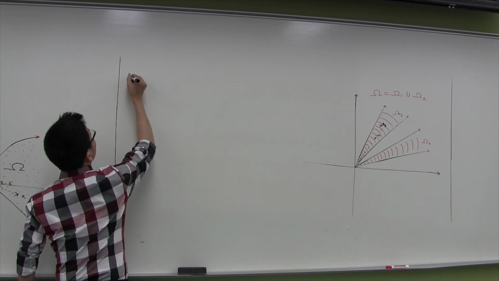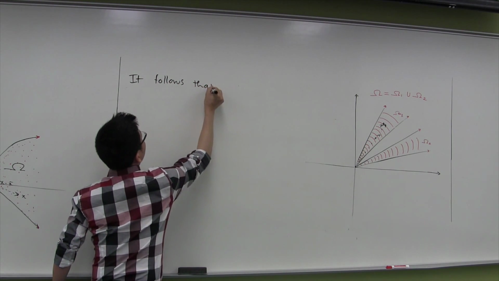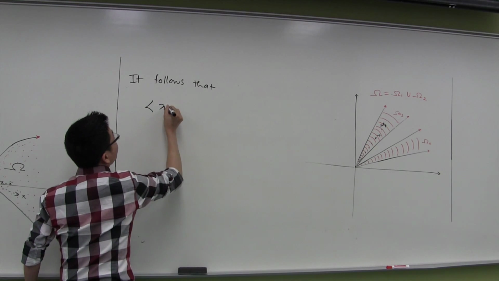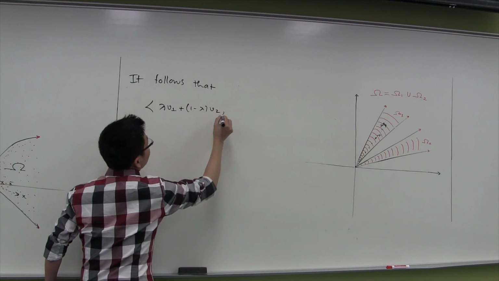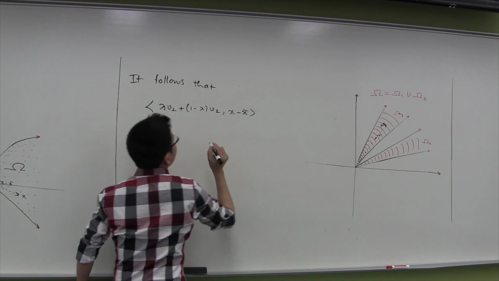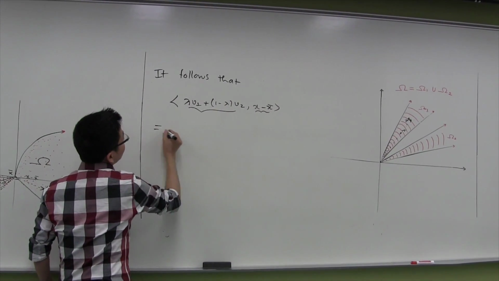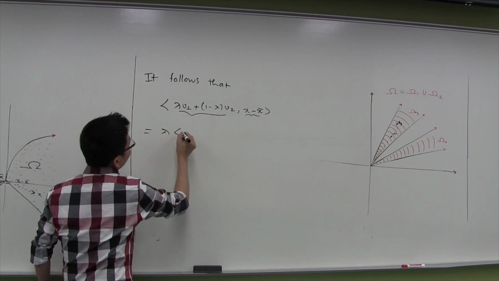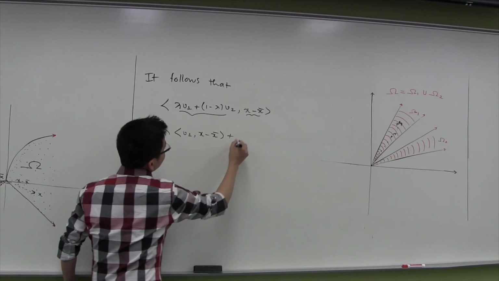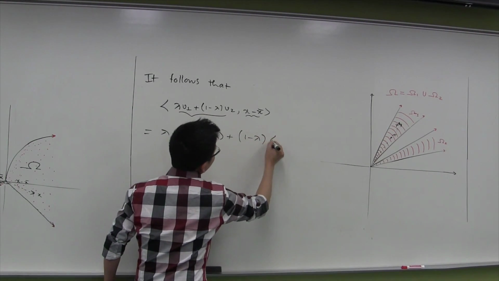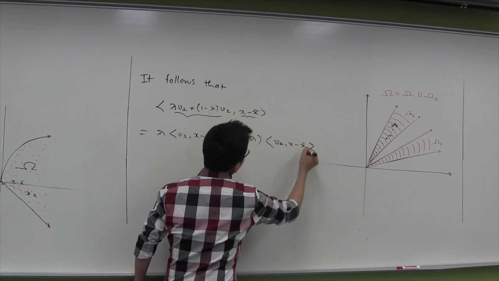So it follows that the inner product between this new vector, lambda V1 plus 1 minus lambda V2, and x minus x bar is equal to lambda times the inner product between V1 and x minus x bar plus 1 minus lambda times the inner product between V2 and x minus x bar.